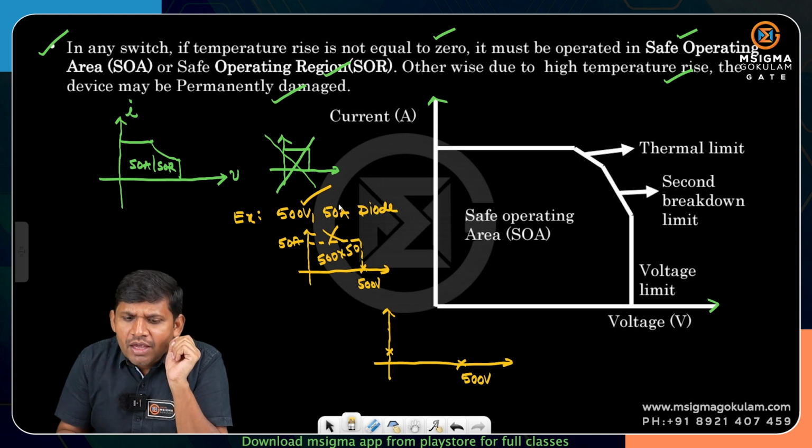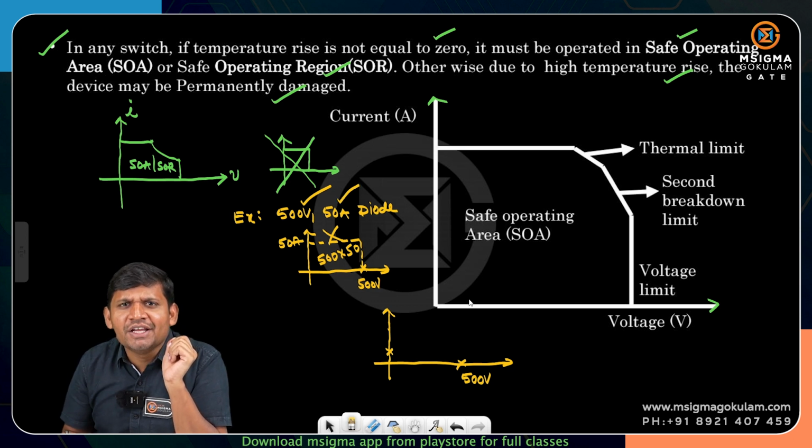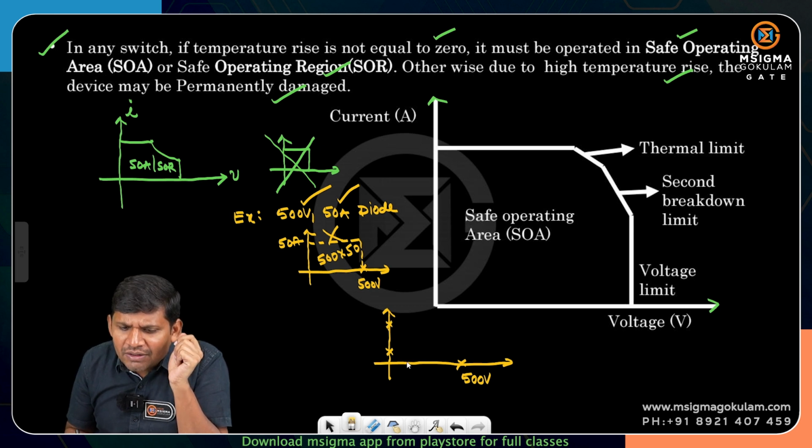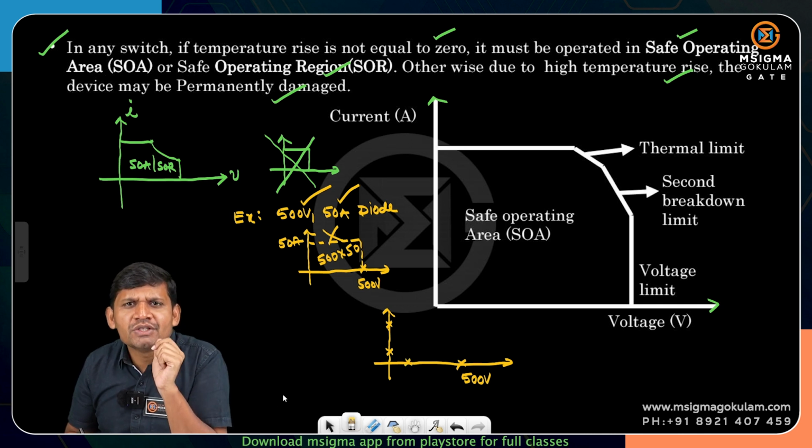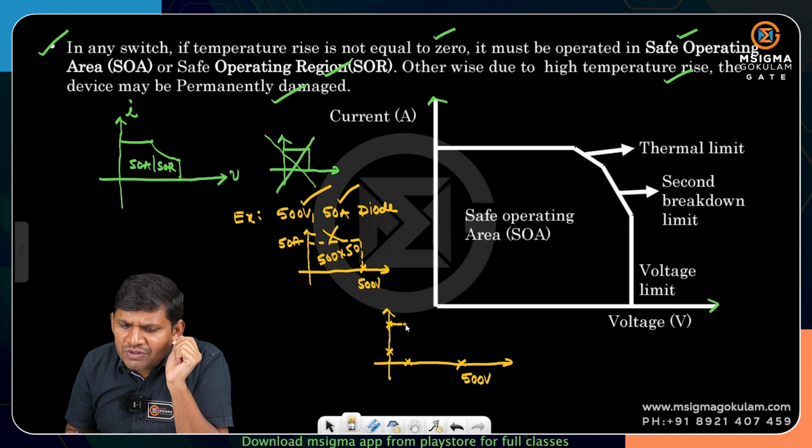Clear? If the diode is under forward bias condition, it carries the current of 50 amperes. At that time, the voltage drop is very small. Corresponding to this voltage, the current is very small. Then you can join these points.